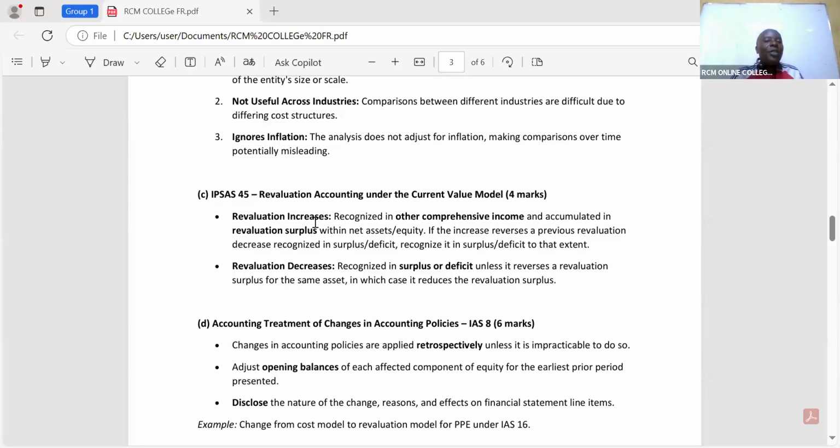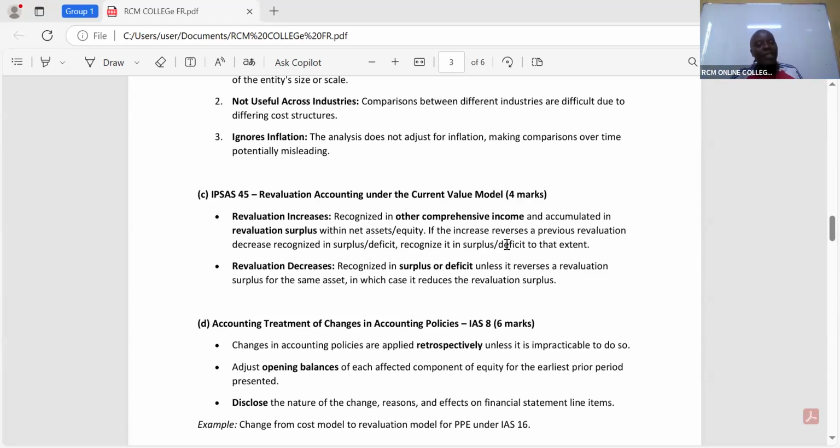So whenever you hear about revaluation accounting, revaluation increases are normally recognized in OCI, other comprehensive incomes, and accumulated under revaluation surplus. Don't even bother reading about all this, it's useless. Don't cram this thing, never cram it. You just take it the way I'm telling you.